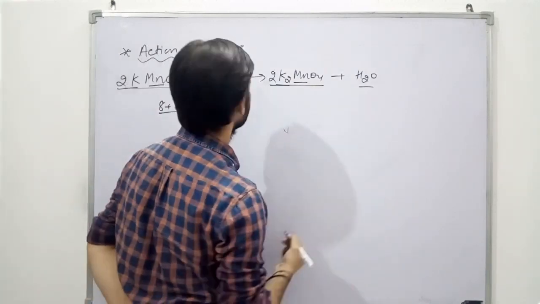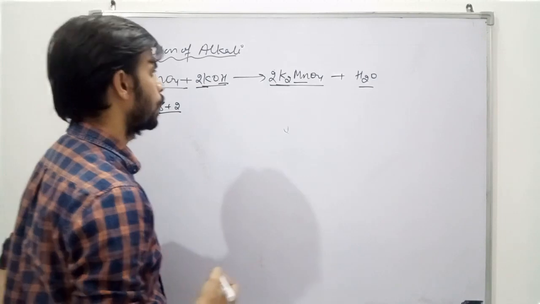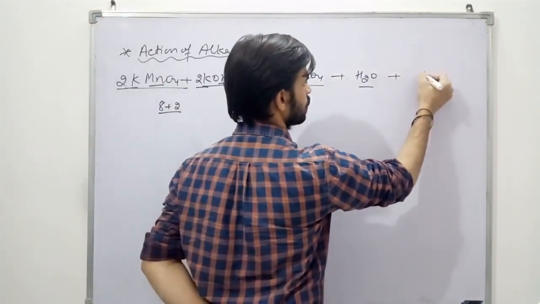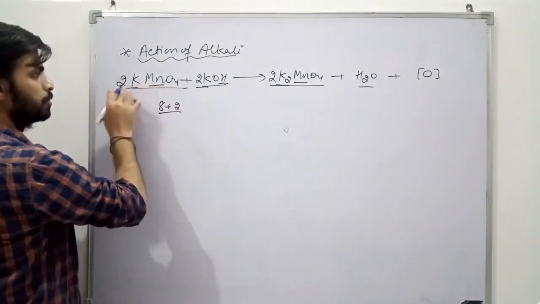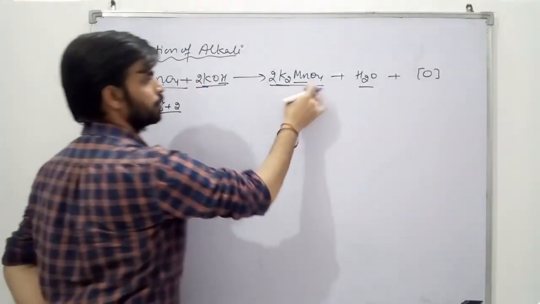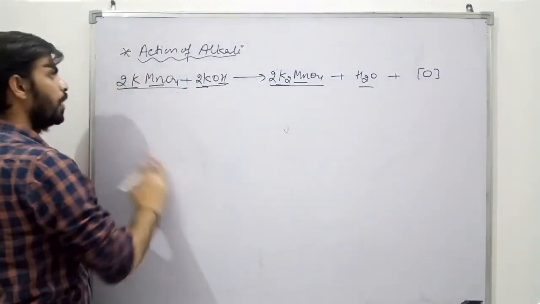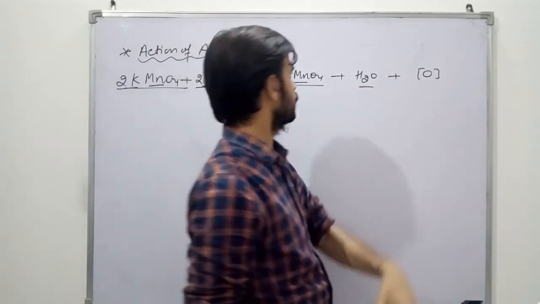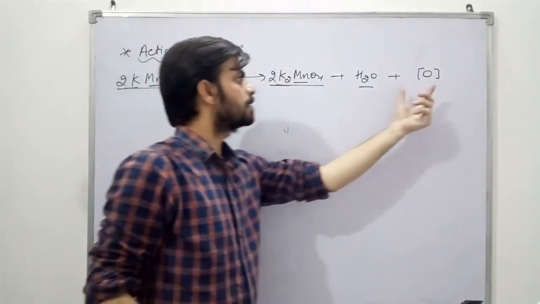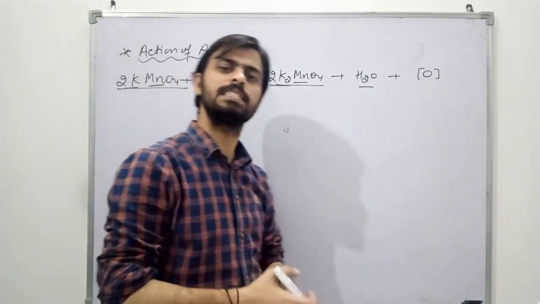4 times 2 is 8 plus 1 O. So a nascent oxygen is also there. 4 times 2 is 8 plus 2, 10. 4 times 2 is 8 plus 1 plus 1. So when potassium permanganate is treated with alkali, it releases nascent oxygen which is responsible for its oxidizing character.